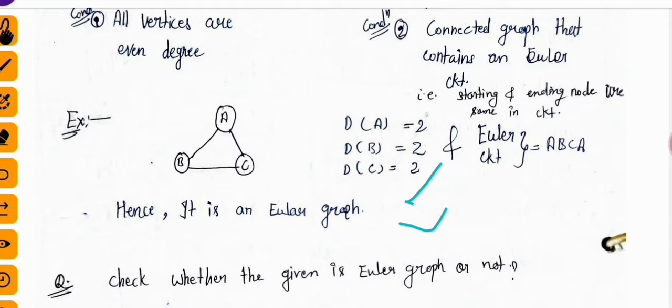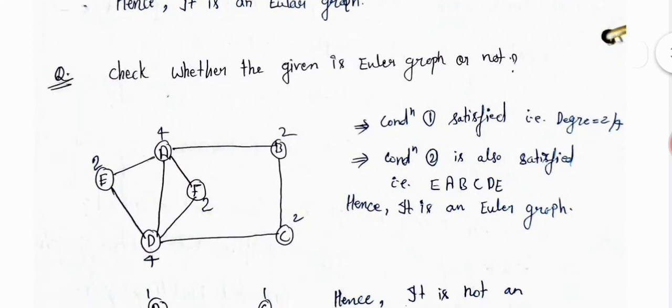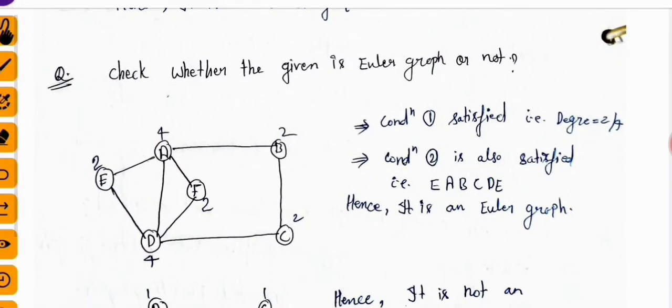Now come to the next question to check whether the graph is Euler or not. So here the graph is given like that, and now we consider the first condition, that is, does it satisfy that all vertices have even degree? Yes, every vertex has even degree, means A, B, C, D and E have even degree.